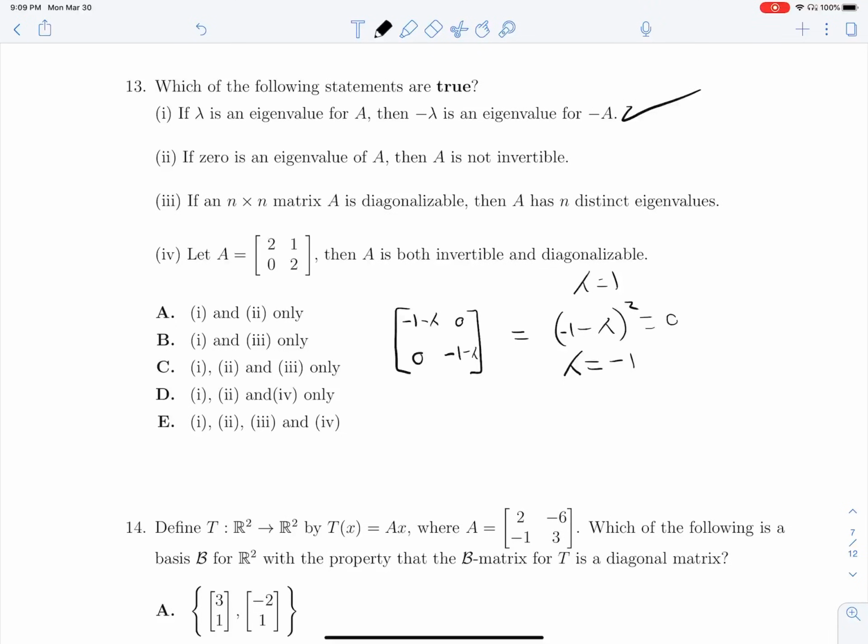So 1 is good. 2, if 0 is an eigenvalue of A, then A is not invertible. You can think about this numerically, but I like to think about it a little bit geometrically. If 0 is an eigenvalue of A, we know that what an eigenvalue means geometrically is the factor by which elements on one of the eigenvectors are scaled when you apply the transformation.